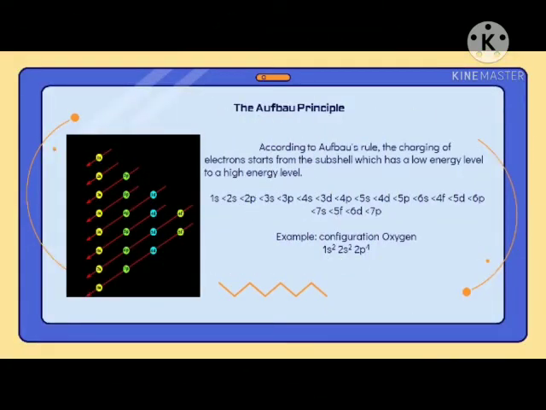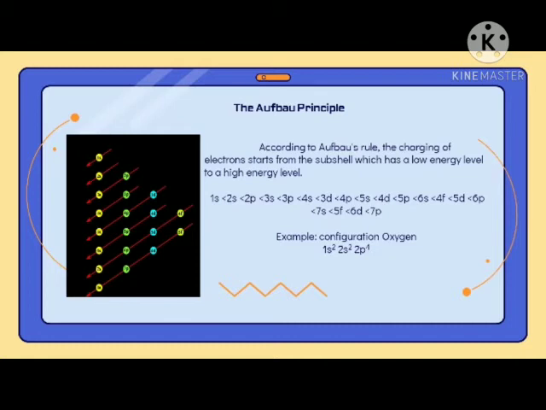First, the Aufbau principle. The Aufbau principle states that under ground state conditions, electrons will occupy subshells with lower energy first, then move to higher energy. The Aufbau principle is depicted in the following diagram. You can see it over here. In the figure, it can be seen that the electron configuration using the Aufbau principle depends on the sum of the principal quantum number and the azimuthal quantum number.